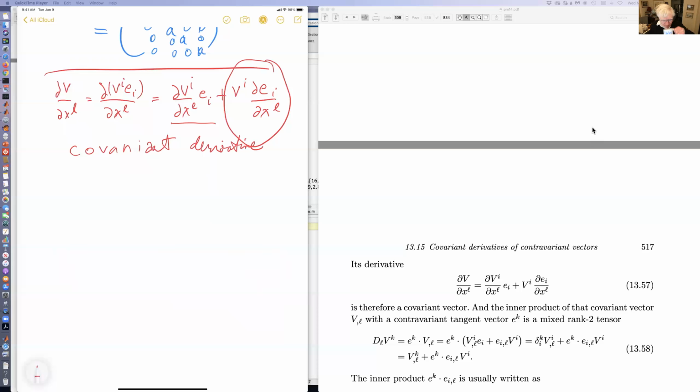Since this thing is an actual vector, we're going to use D_l of V^k. We're going to define D_l of V^k as the thing that occurs here, and this is going to be the dot product of E^k with partial V, partial x^l.